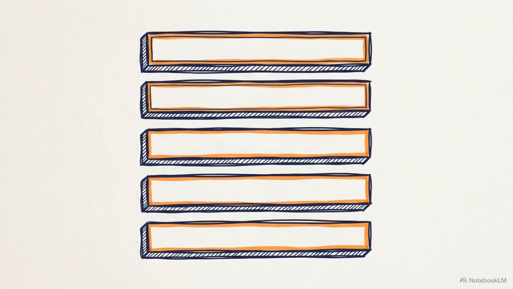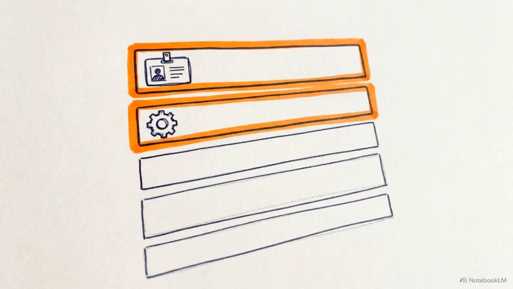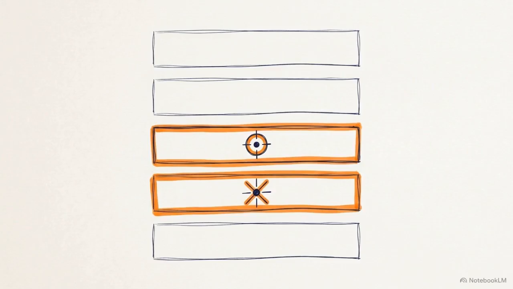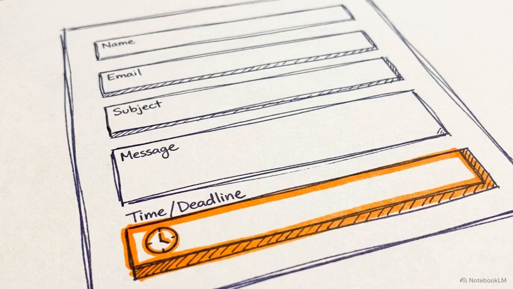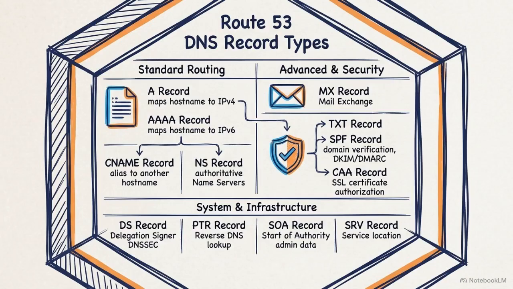Every record contains 5 mandatory elements: a name, a record type, a target value, a routing policy, and a time to live, or TTL. This grid shows the record types supported by Route 53. Standard types include A records for IPv4 mapping, AAAA records for IPv6, and CNAME records, which map one hostname to another. Advanced types handle mail routing and security.